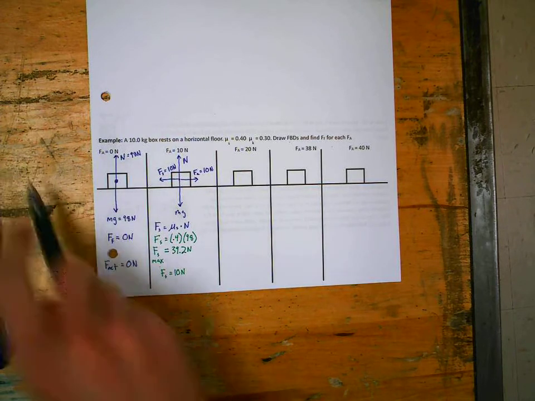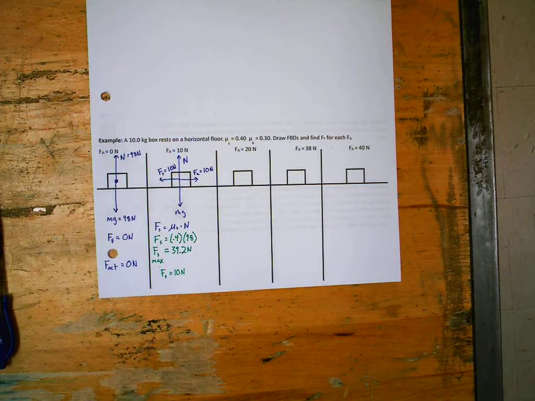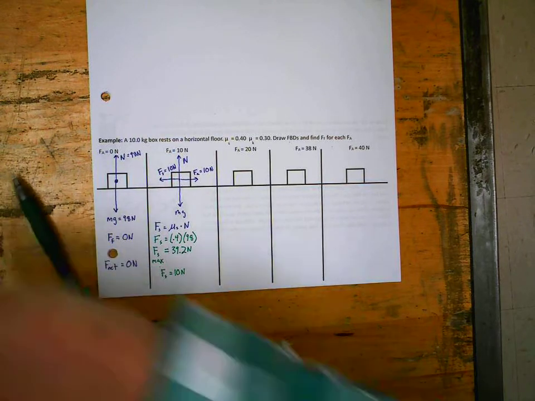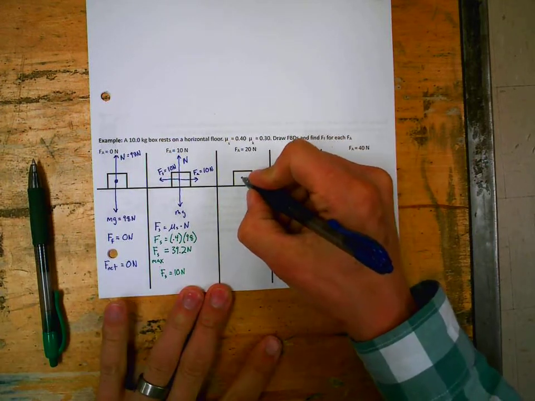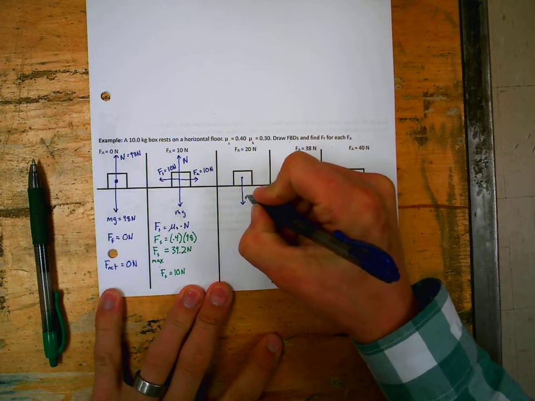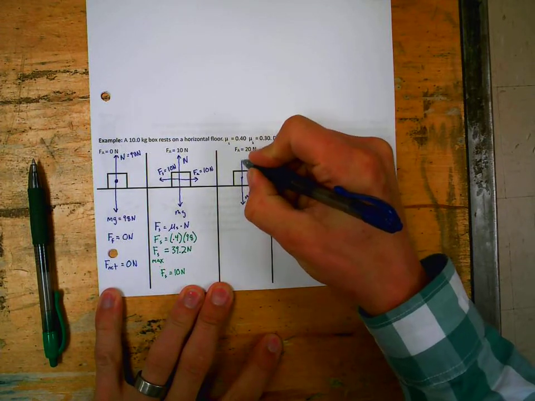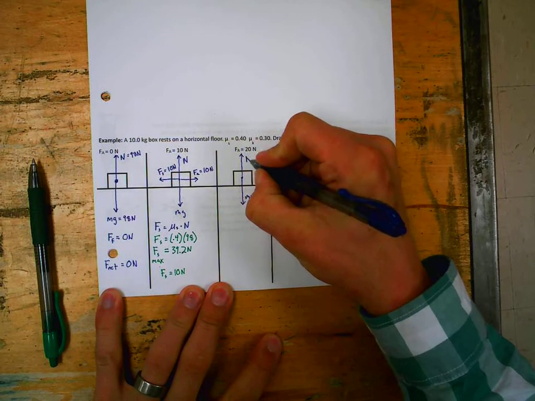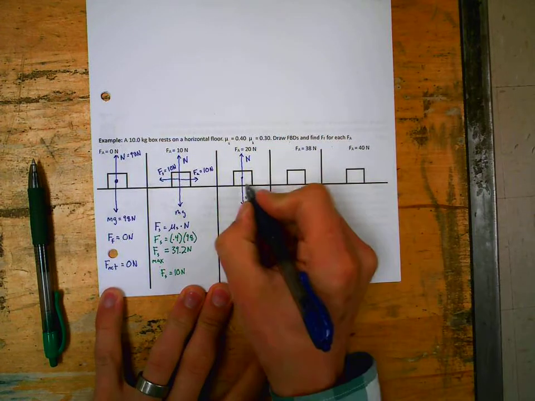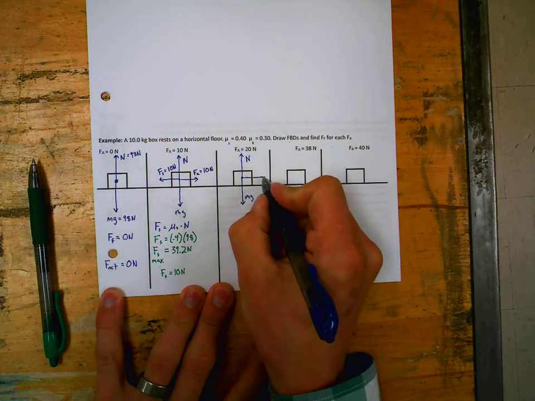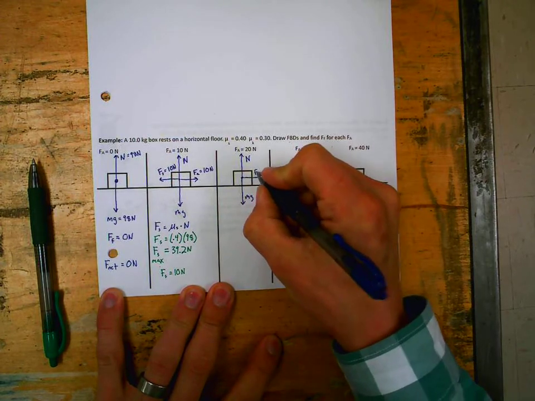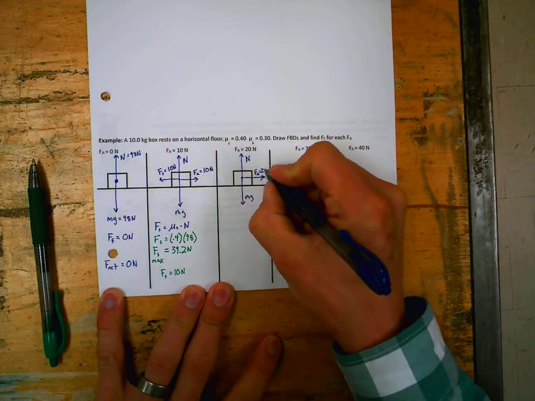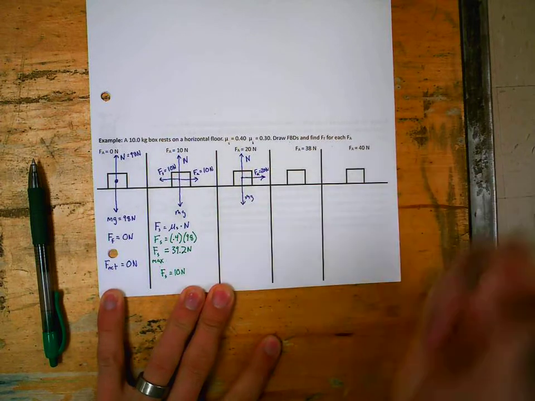Okay, so the next, these are real easy. Alright, I'm not even going to draw the, let's just draw the FBDs real quick. Changed my mind. Okay, we got mg, we got normal. They haven't changed. Here we've got a force applied of 20, and I'm not drawing these proportional to the y forces.